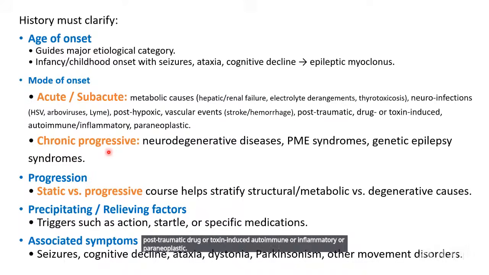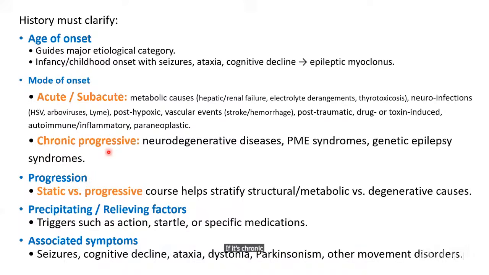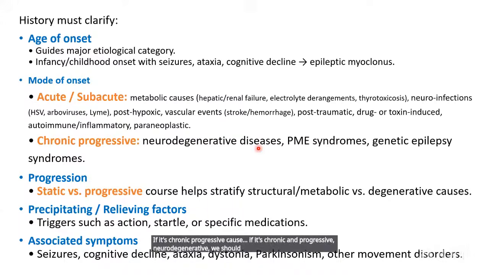If it's chronic and progressive, we should think of neurodegenerative diseases or PME syndromes, genetic epilepsy syndrome. Progression also helps us, whether it's static versus progressive. Course helps to stratify whether it's structural or metabolic versus degenerative. In degenerative, it is progressive. Precipitating and relieving factors should be asked, whether it's triggered by action or startle or any specific medications.